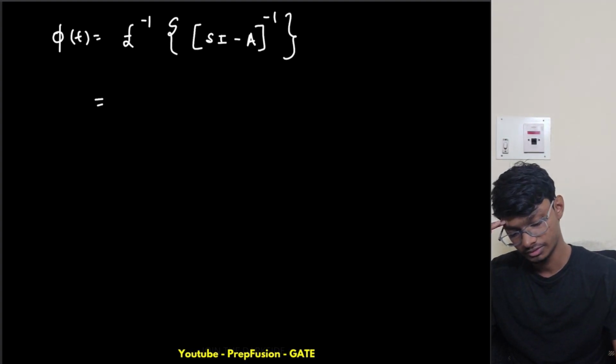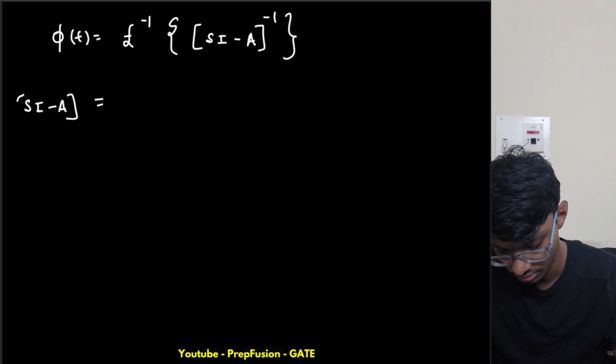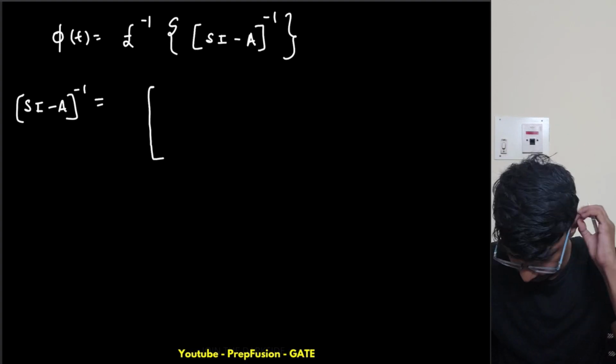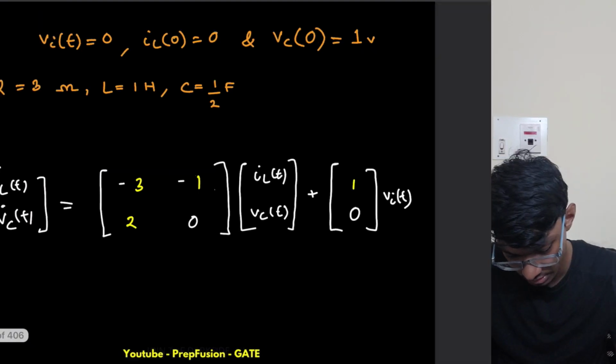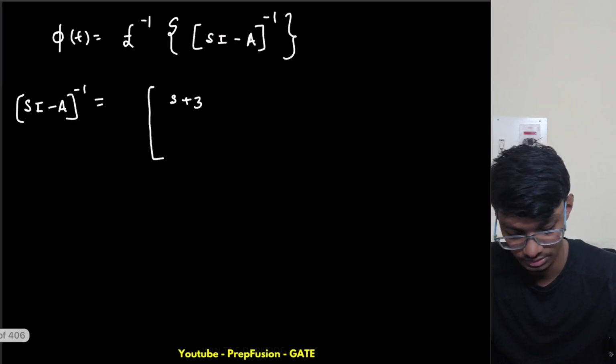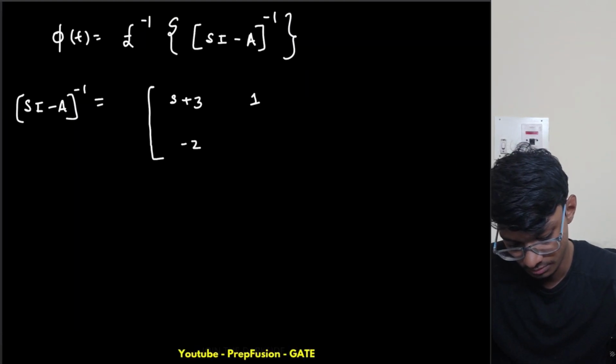First I will find SI minus A inverse as usual. So what is my SI minus A? It is S plus 3, 1, minus 2, S, and this is the whole inverse.